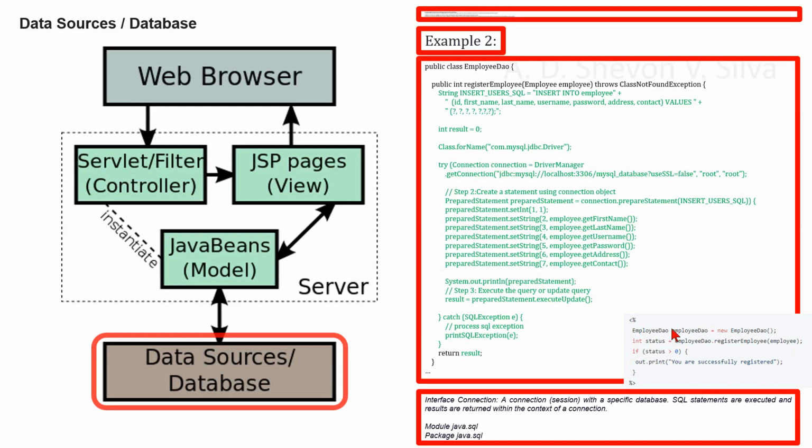Here you can see the usage within a JSP page. This is the employee DAO class.